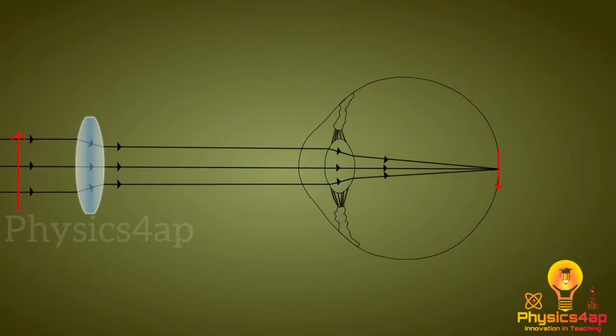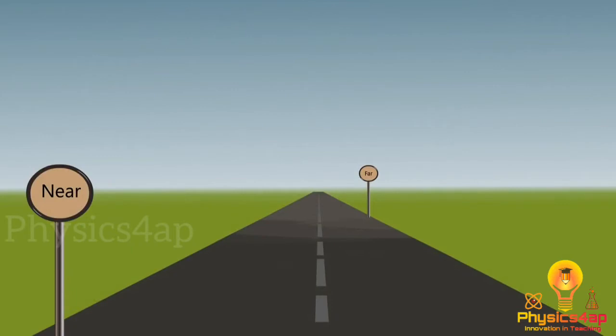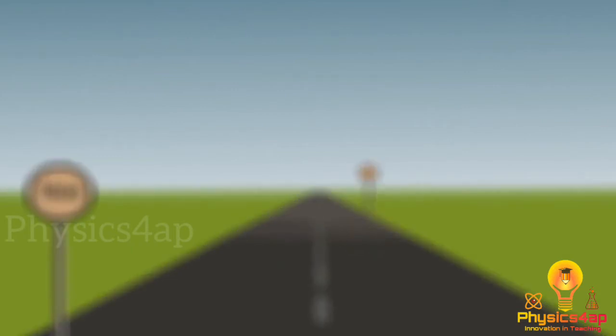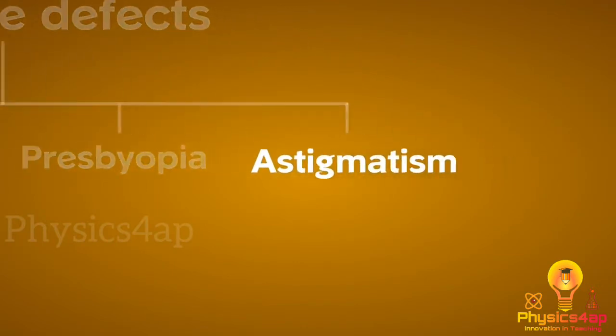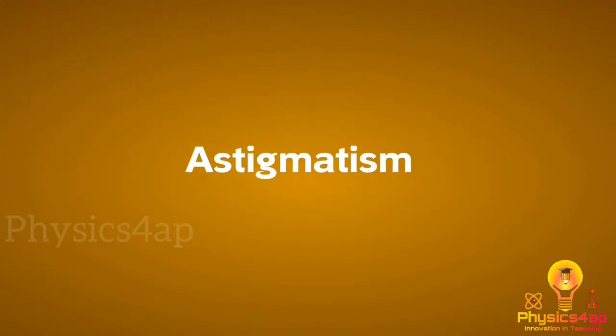For that we use a convex lens so that they can see near objects, and a concave lens to see far objects. So we use a bifocal lens, both concave and convex, so that they can see far objects and near objects also.